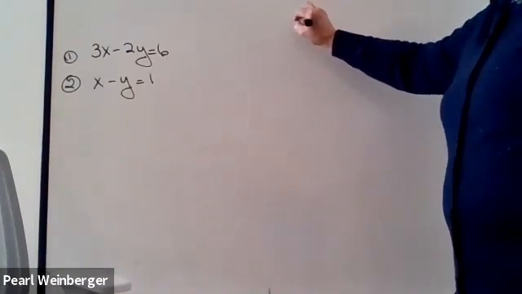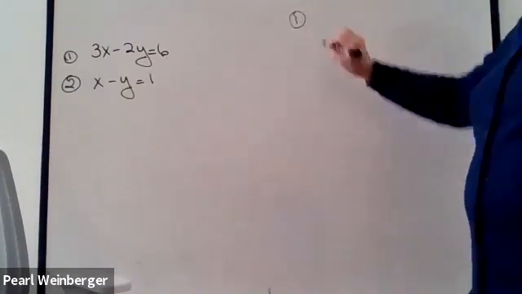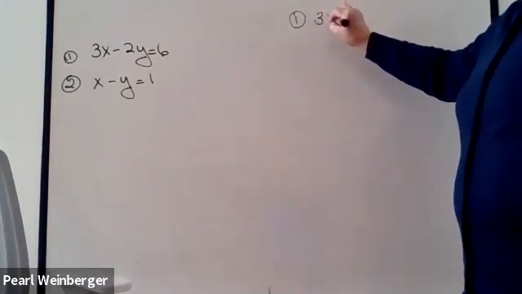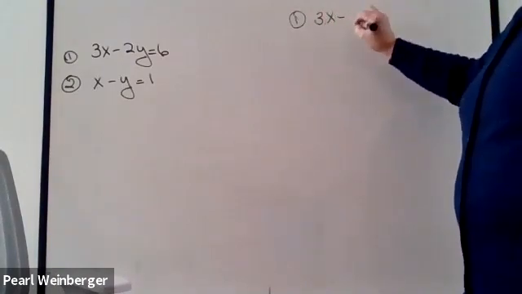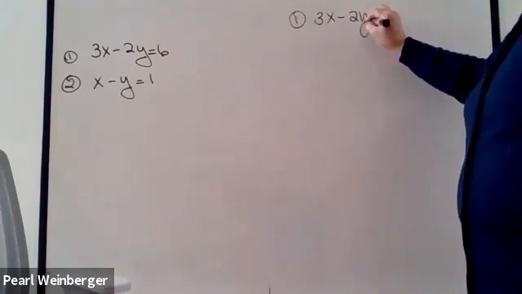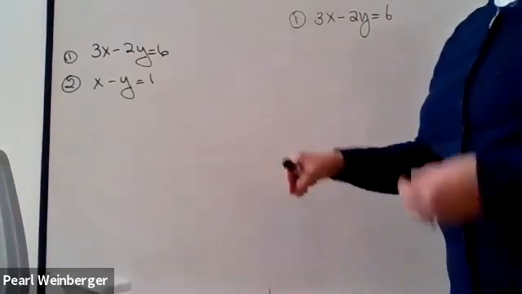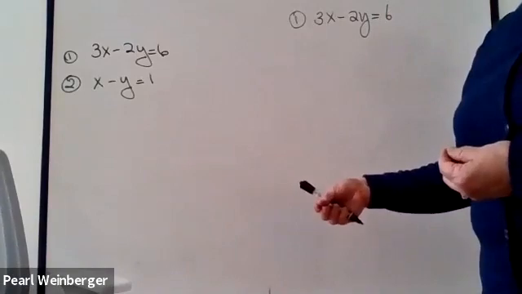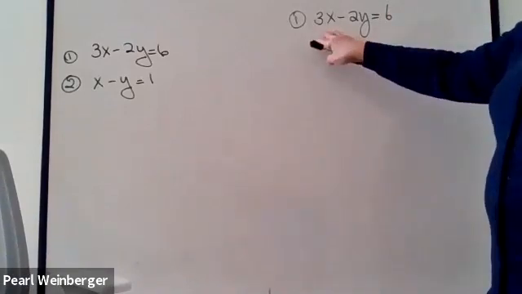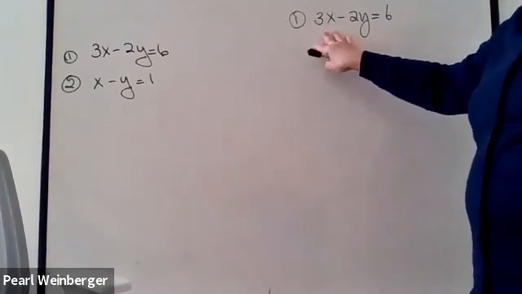So let's talk about line 1. Let's remember, how do we graph an equation like 3x minus 2y equals 6? So my preference is to find the y equals mx plus b form of the line.